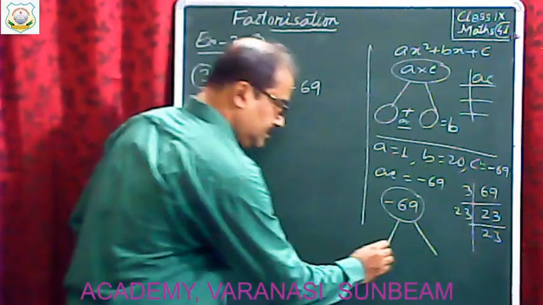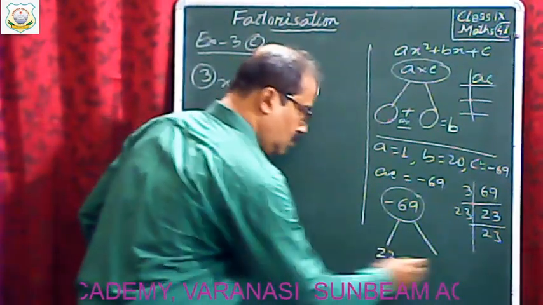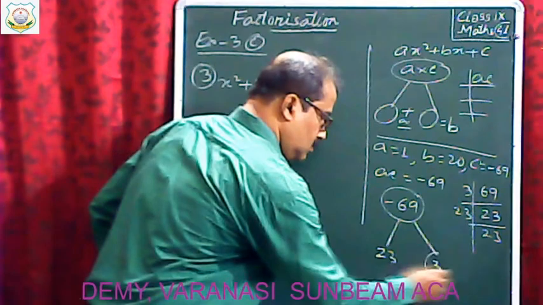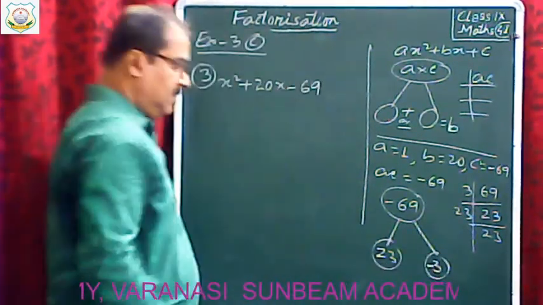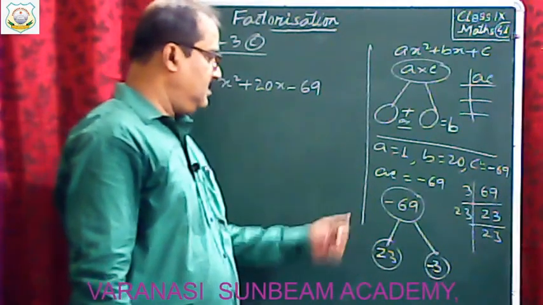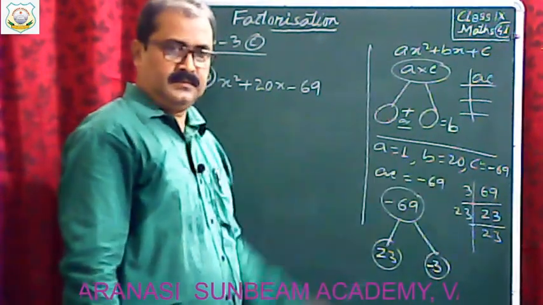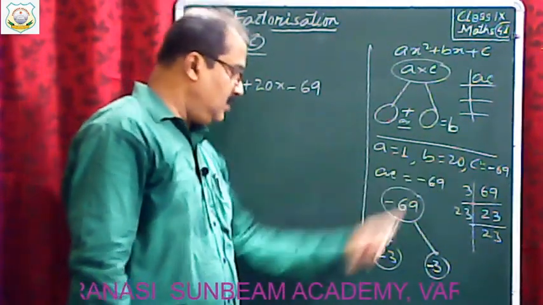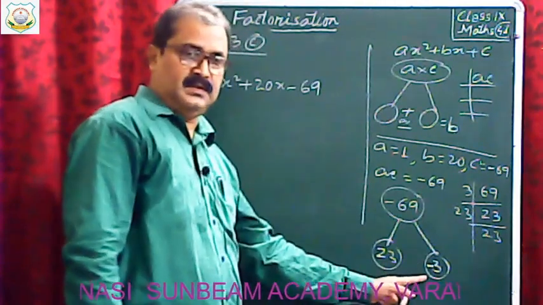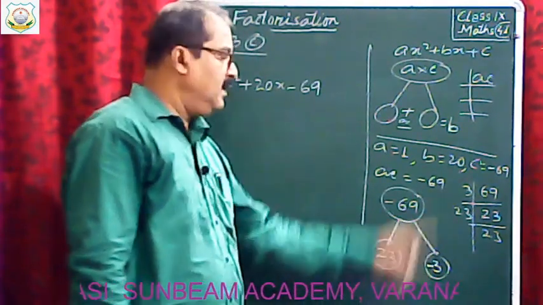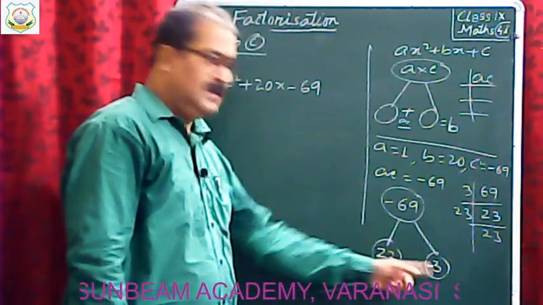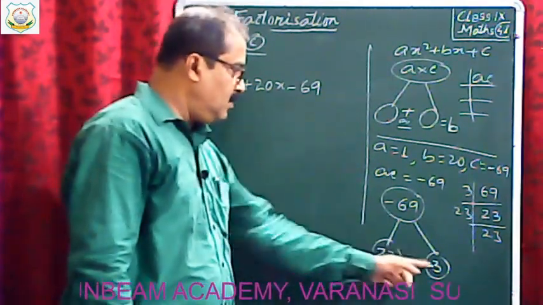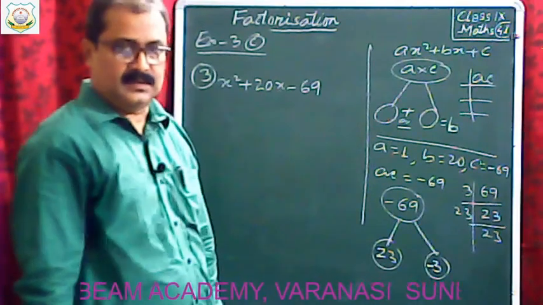So if we subtract 3 from 23 we get 20. If minus 20 were there, you would write minus 23 plus 3. Plus 20 is there, that's why we take 23 with a plus sign and 3 with a minus sign, and their product is again minus 69.